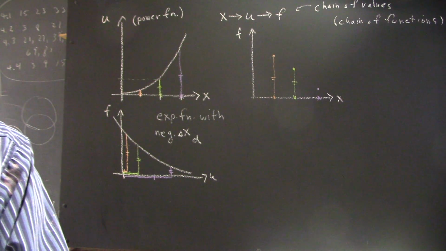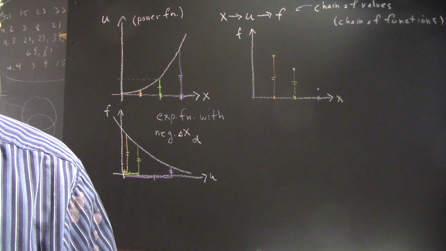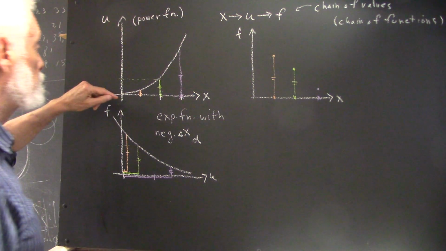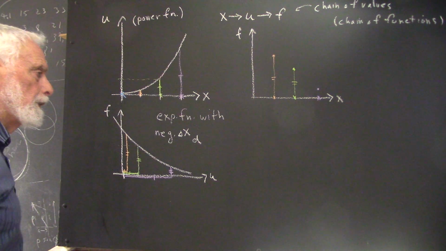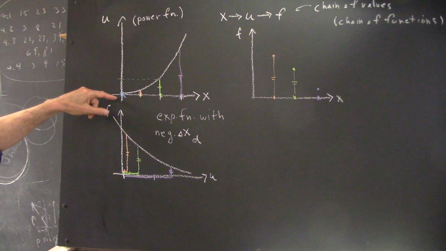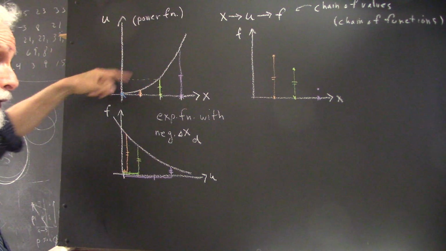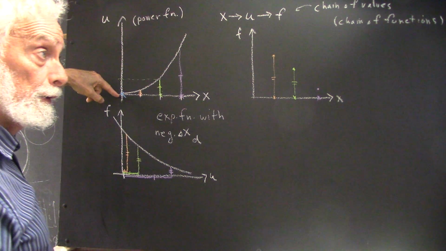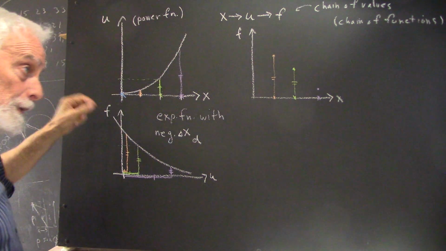Okay, now there's another value of f that I can get, and that's the value that corresponds to x value 0. Okay, well, if the x value is 0, what's the value of u? Well, I'm at the origin, and this graph, being a graph of a power function, goes through the origin, so my value of u is clearly 0, which means I don't have any segment.